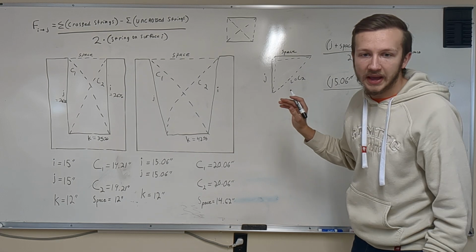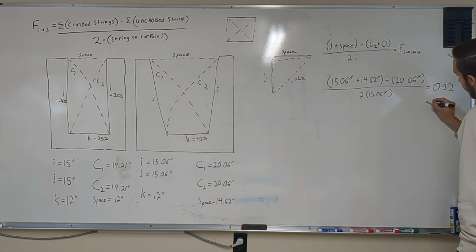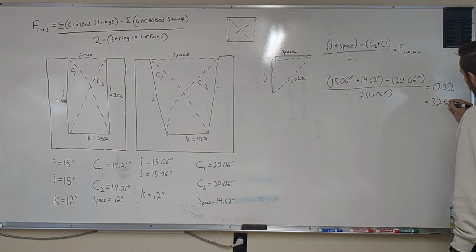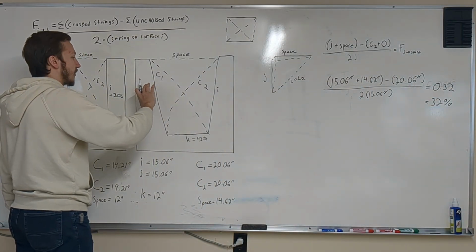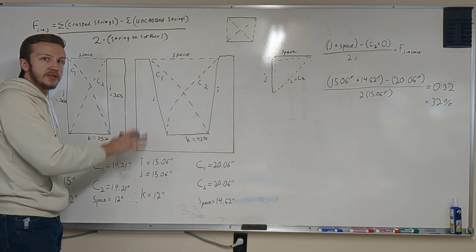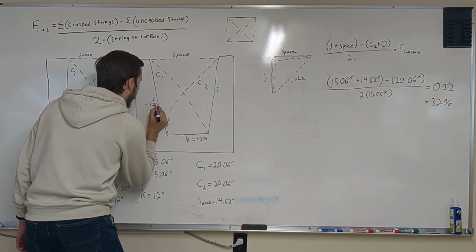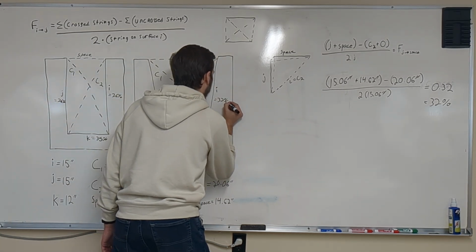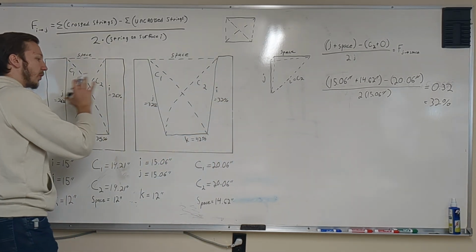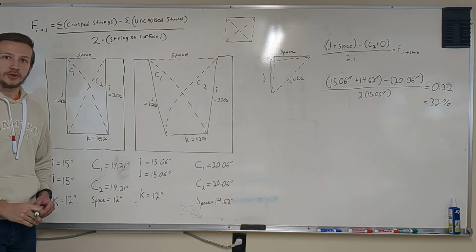And when you do the math, you get that this is equal to 0.32 or 32%. So the percent of J and I's field of view to space for the angled wall street canyon is 32%. So you can definitely see that overall there is an increase in the view factor for both the walls and the street to space from the straight walled to the angled wall street canyon.